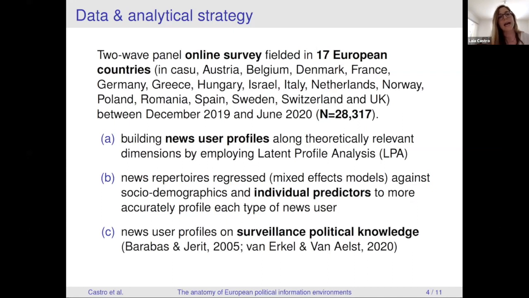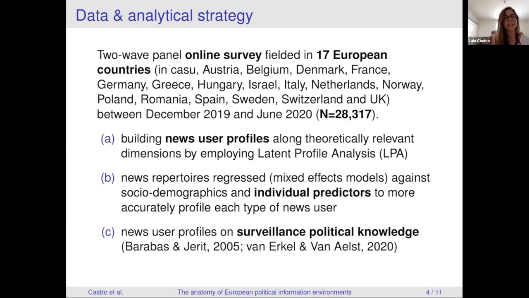So we relied on a two-wave panel online survey fielded in 17 European countries on more than 28,000 individuals. We only used the first wave for this study, given that the second wave was launched during the pandemic outbreak and might be quite context dependent.